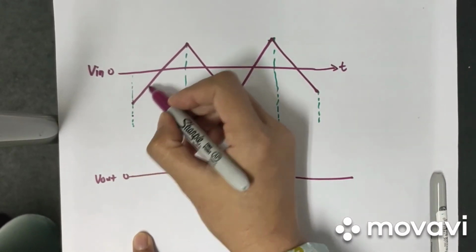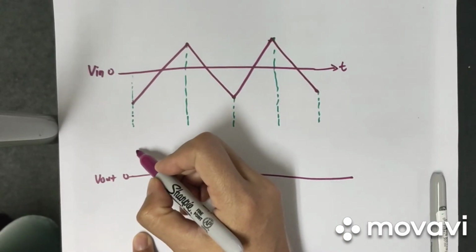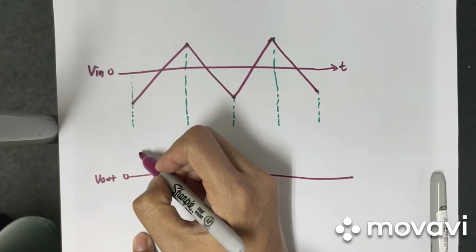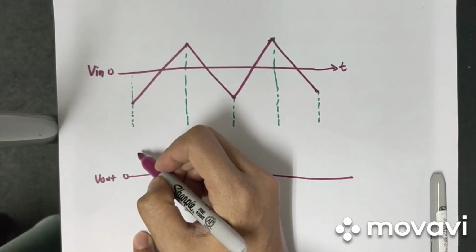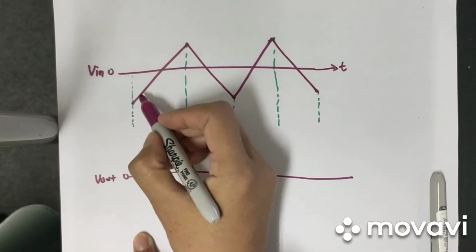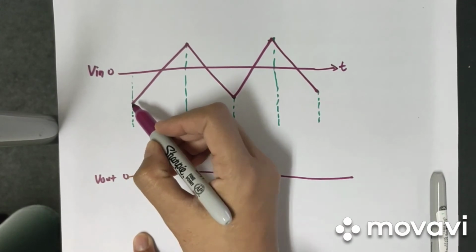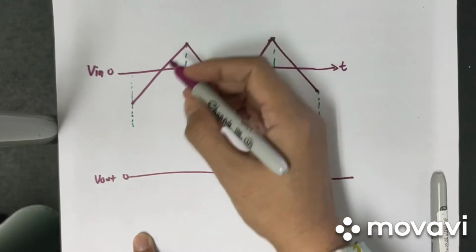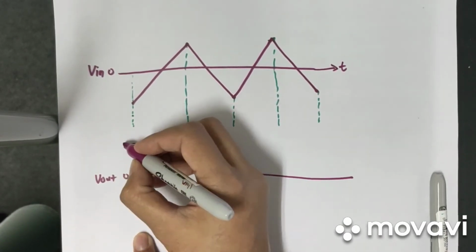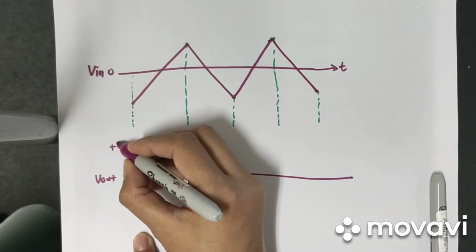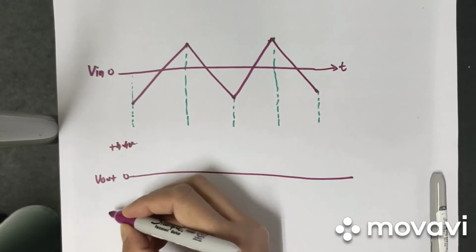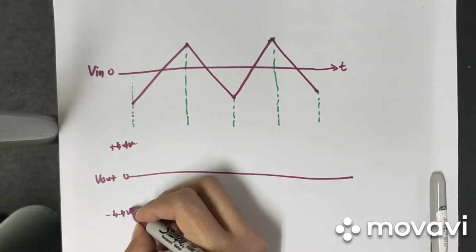Now for the positive going ramp, it will transit down. When it is a positive going ramp, the output will become like this. So the maximum voltage is positive 4.4 volt and the minimum is negative 4.4 volt.